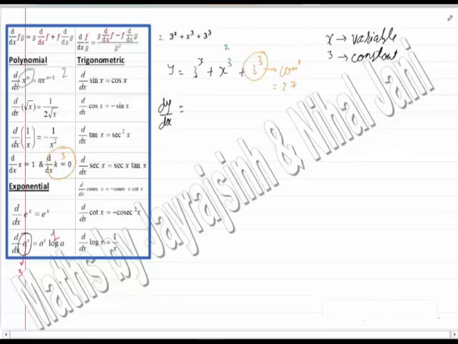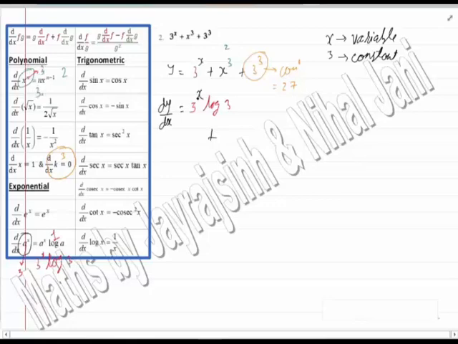So let's differentiate the functions. The differentiation of 3 raised to x will be 3 raised to x log 3 from this formula. So it will be 3 raised to x log 3 plus, in the second term, we have x raised to 3. So we can say the value of n is 3.